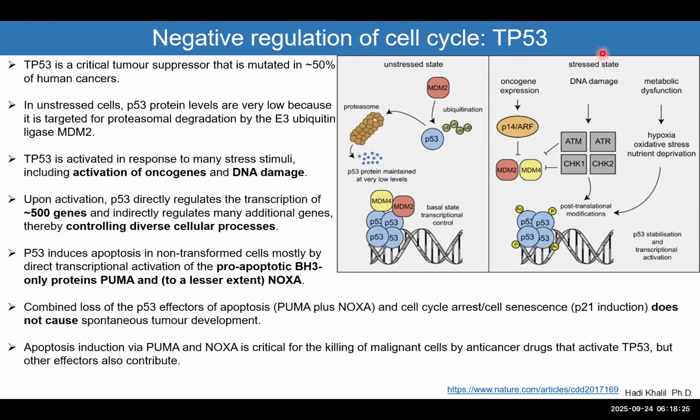What happens in conditions of a stressed state? Whatever that stress comes from, either there is damage in the DNA during the process of replication, or there's an exogenous factor like UV light or a carcinogen that causes damage to the DNA, fragmentation, or there is a loss of metabolic function.